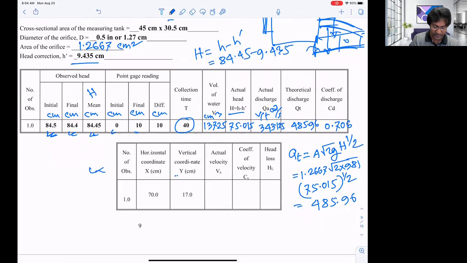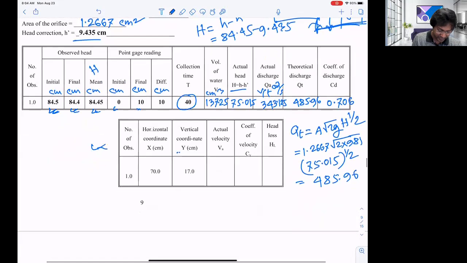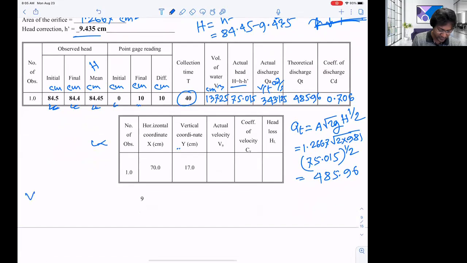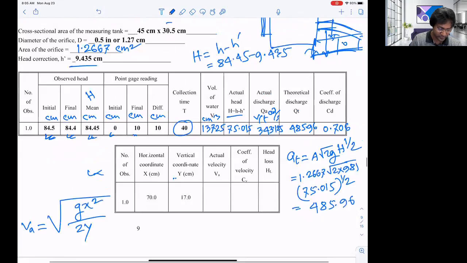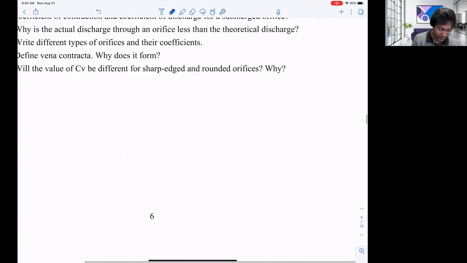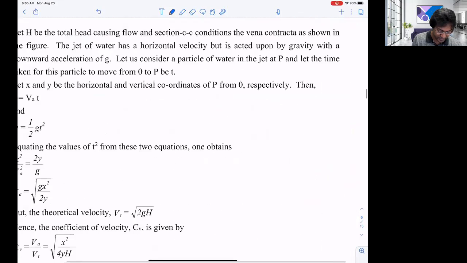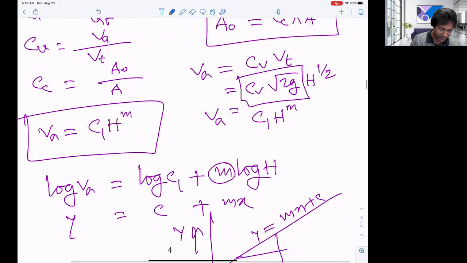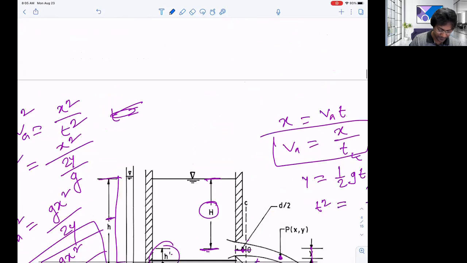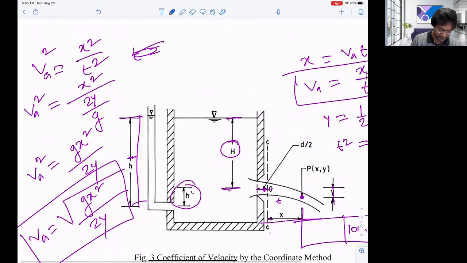y coordinate is 17. And what will be the actual velocity? We know the equation of the actual velocity, and from that we'll calculate. VA is equal to root over gx square divided by 2y. Let me just check for surety. So that is the equation I wrote, gx square divided by 2y, and that is the square root. Okay, we are good to go.